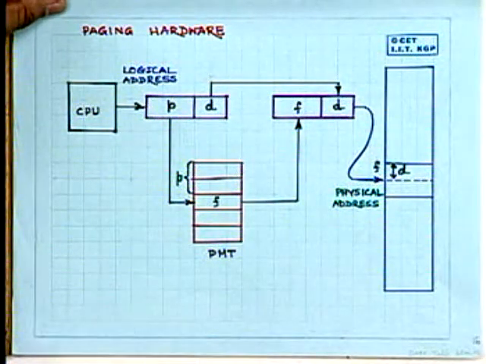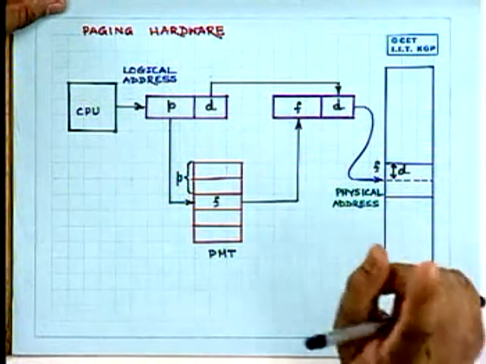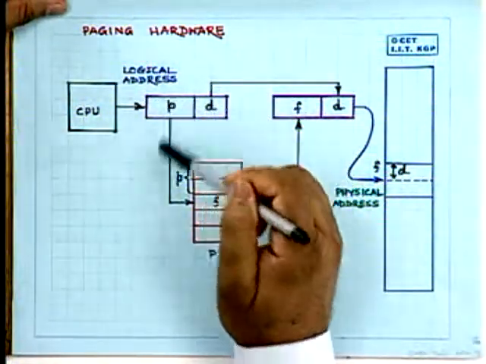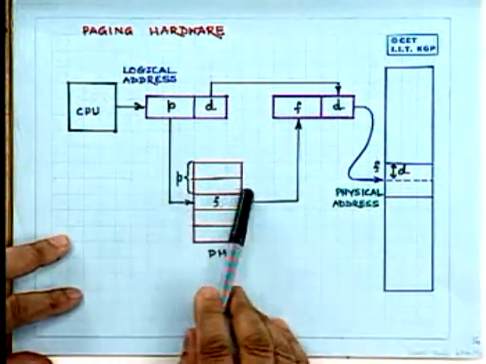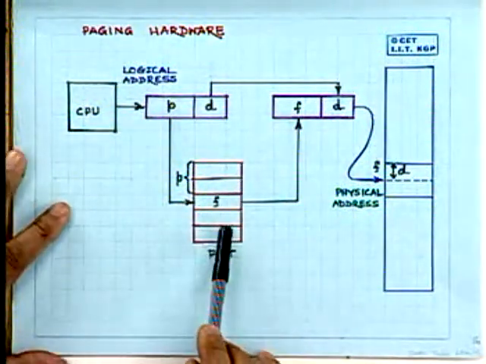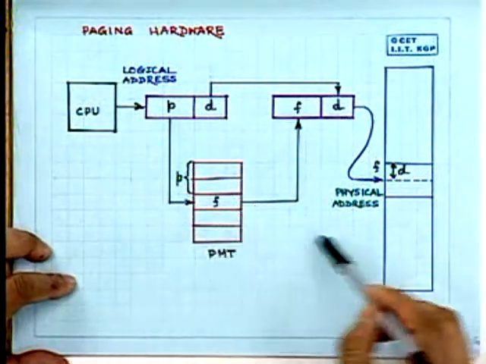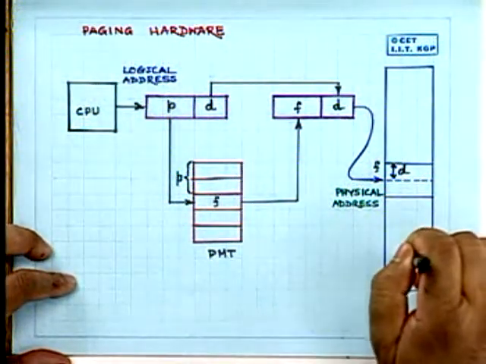Whenever there is a memory access involved, the logical address has to be mapped into a physical address, and the page map table has to be consulted. And where do we keep this page map table? Since it is essentially once more a memory that has to be consulted, this page map table is kept in the physical memory itself.